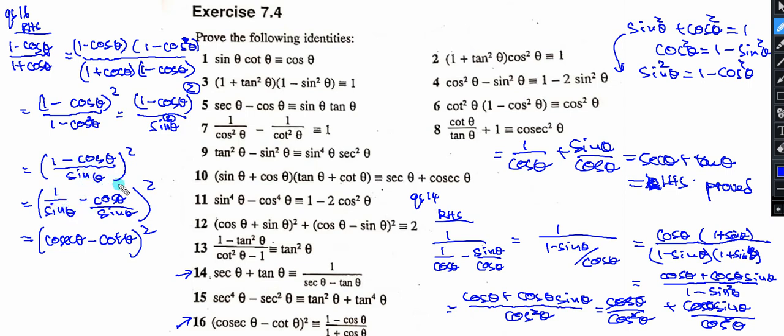So it's 1 over sine theta minus cosine theta over sine theta. 1 over sine theta is actually cosecant theta, and cosine theta over sine theta is cotangent. That's it. This is actually the same as the left hand side.